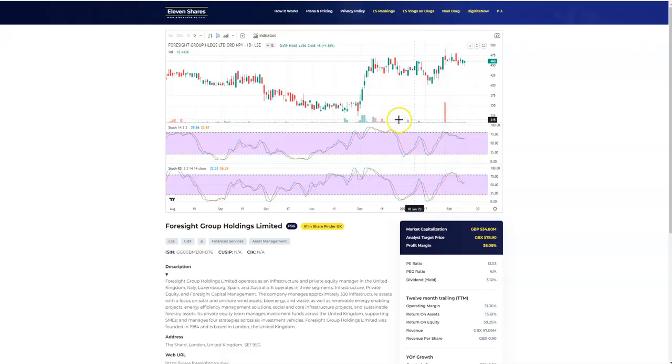This is the level of volume for each price. So here, this big red one means there was a lot of money traded at this period, at this price. And it's red because the price has come down, meaning that the sellers were in charge. There was slightly more sellers than buyers, for instance. So a lot more trades at that time. There was a lot of activity. There was a lot of interest in this share, but the sellers won out in the end.